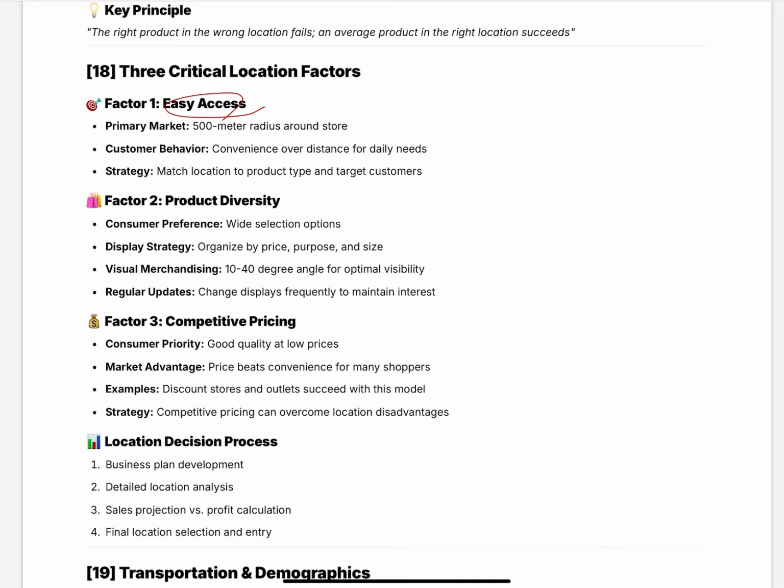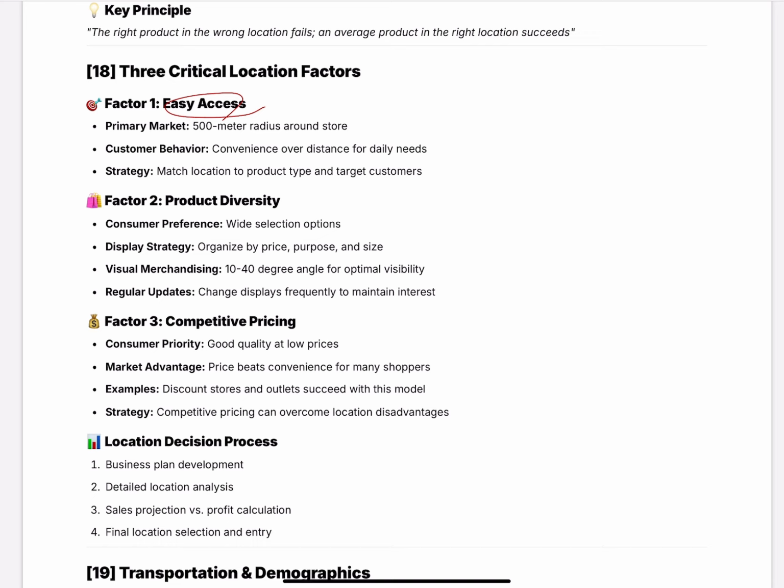For daily needs, you choose convenience over distance. Customer behavior studies show that people will travel farther for specialized, high-value purchases, but for routine needs, they choose the closest acceptable option.